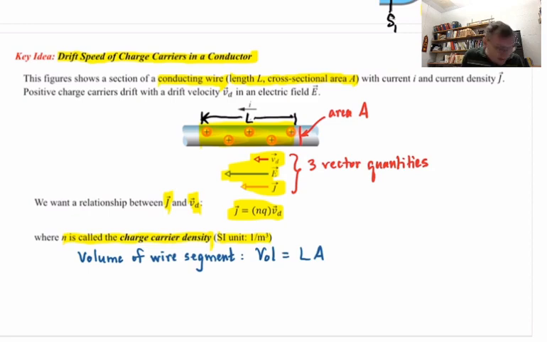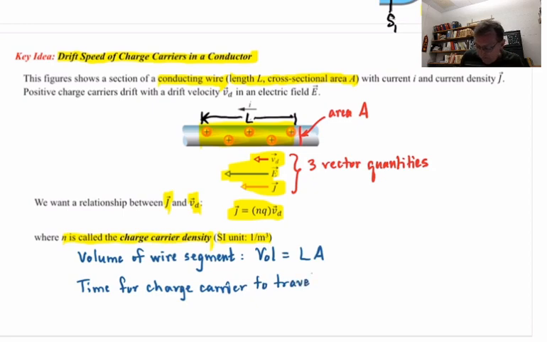So I can ask the time for any one of the charge carriers to travel length L. Delta t.